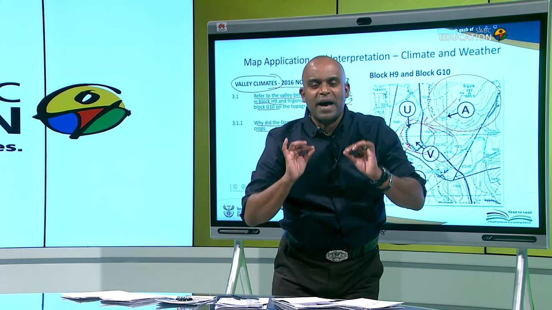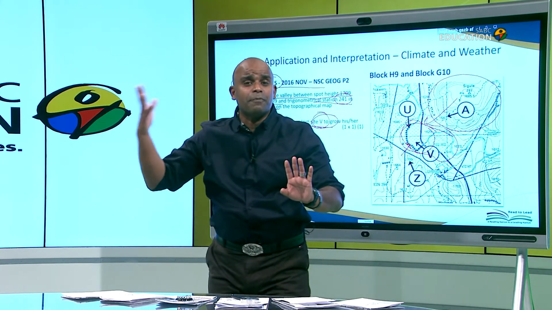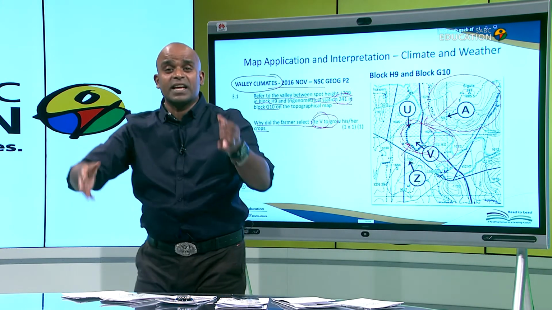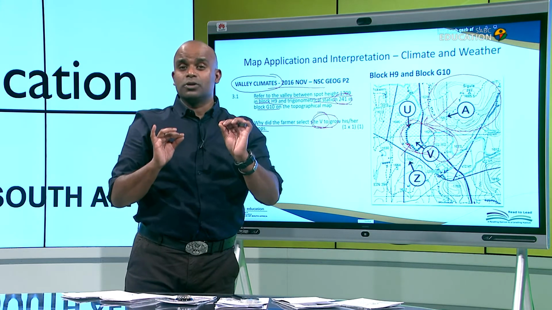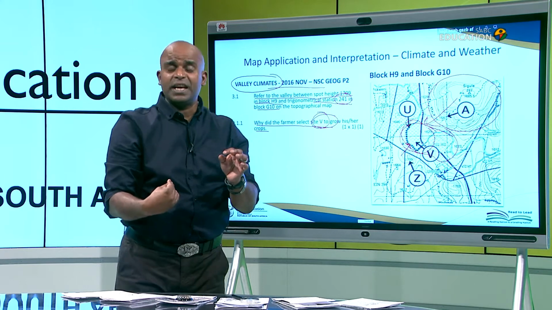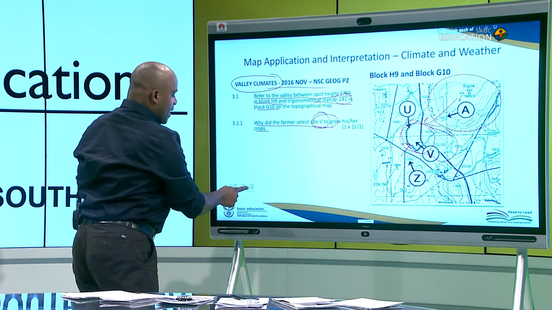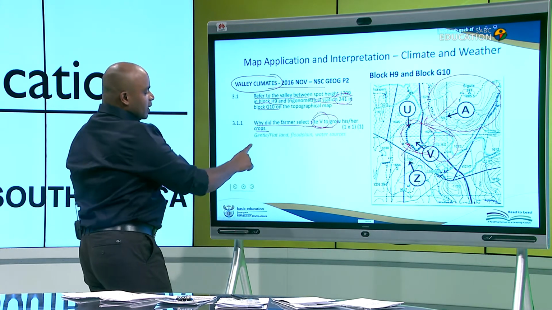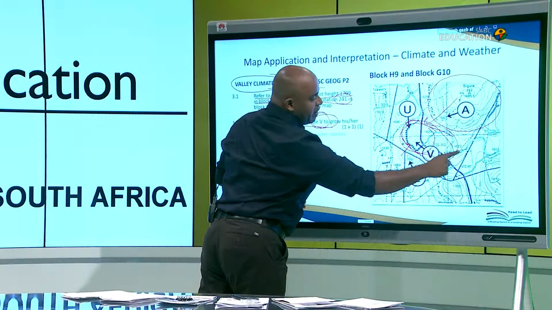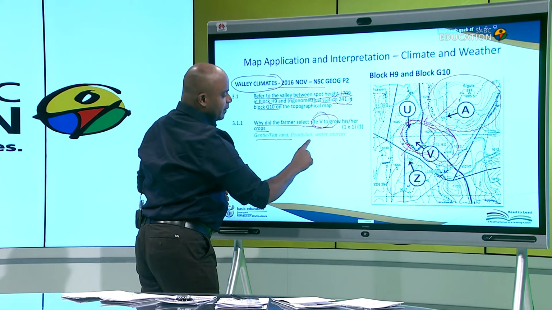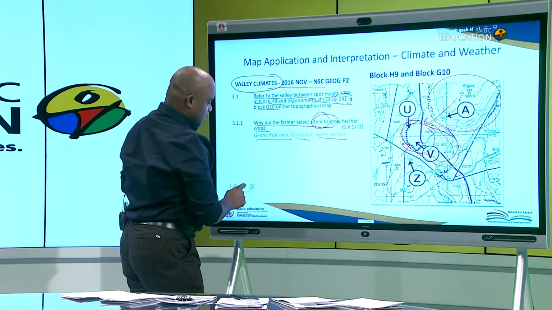And if it's katabatic winds at night, the form of precipitation that is associated is frost, and frost-resistant crops must be grown. This is according to our theory. Now that we're looking at it on a map, the following is applicable. Note the gentle flat land, the floodplain that is associated with area V. The floodplain includes the water sources.